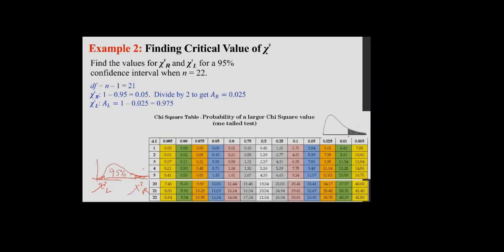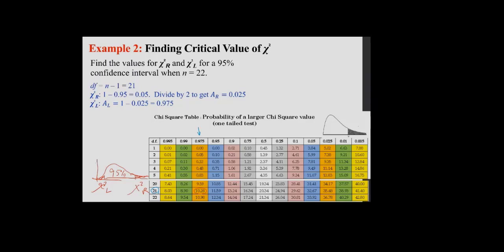N is 22, so degrees of freedom is 21. So we are looking at degrees of freedom is 21. Now, area to the right of 0.975, and you can see the answer here. Okay, 10.28.